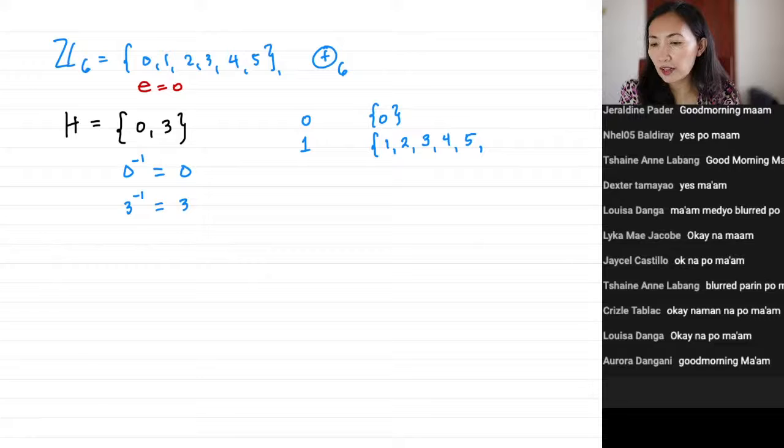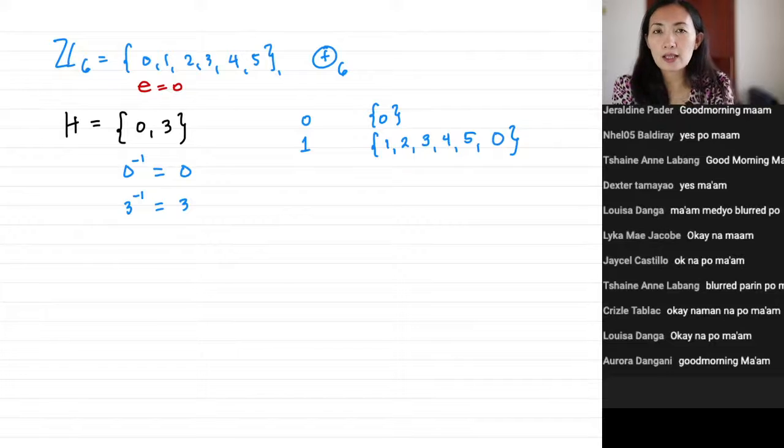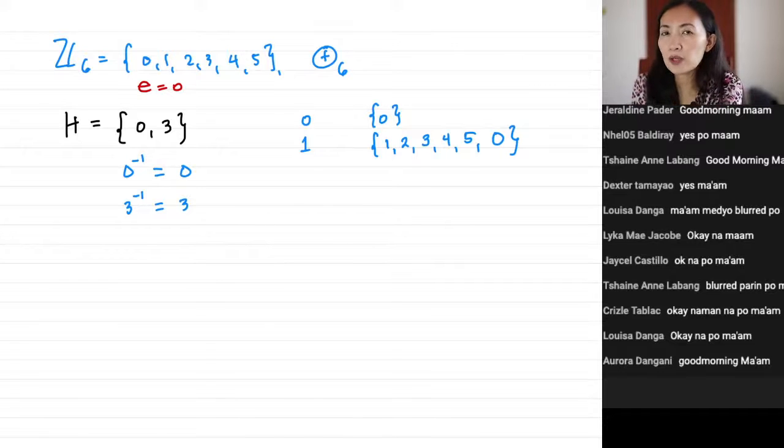You add 1 to itself for 6 times, then that would be 6. But we don't have to write 6 because that corresponds to 0. 6 modulo 6 is 0. What did I say? We stop the moment we get the identity element 0.